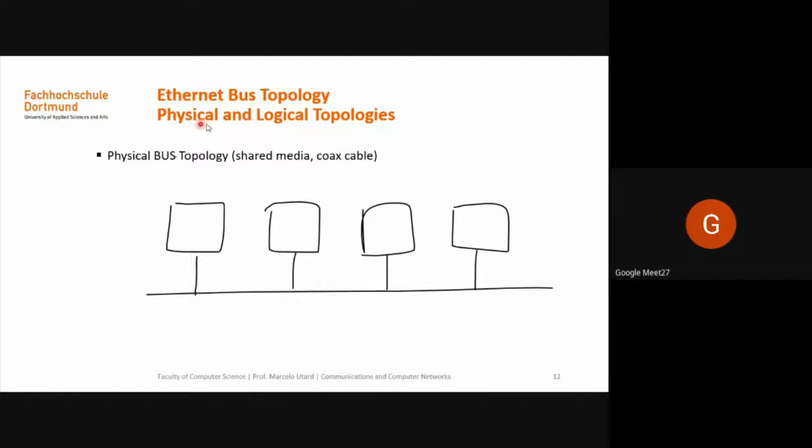In fact, we use a physical topology that could be a bus, or a star, or a star tree topology of connectivity. But in fact, Ethernet uses the concept of a logical topology called bus.